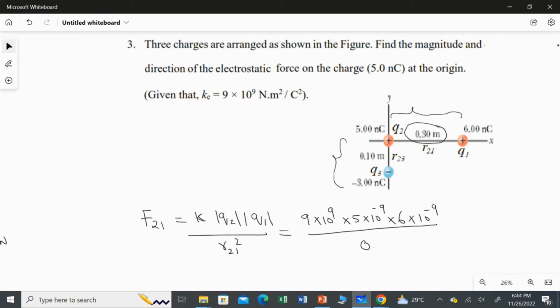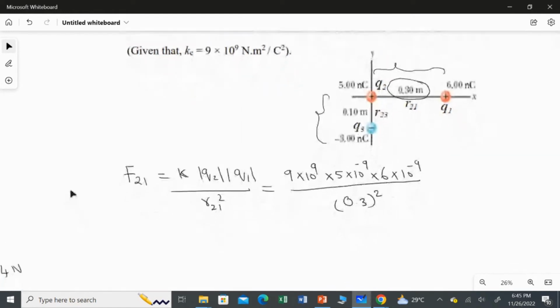So the distance is 0.3 meter. So I have to square this. So I'm going to find what is the force. 9 multiplied by 10 power 9, multiplied by 5 times 10 power minus 9, multiplied by 6 times 10 power minus 9, over 0.3 square. What's the answer? I got 3 multiplied by 10 power minus 6 Newton.